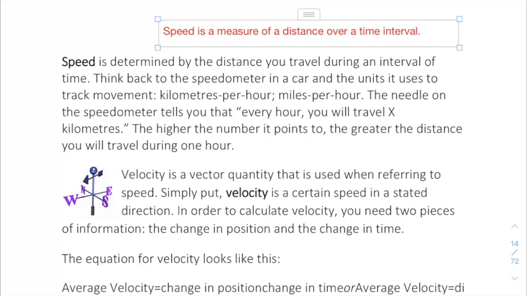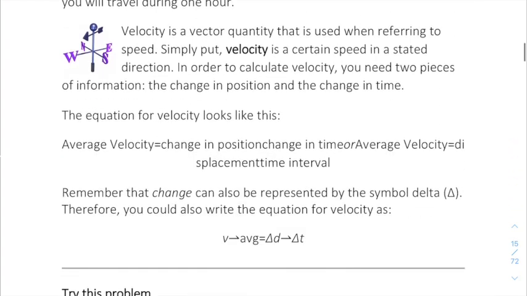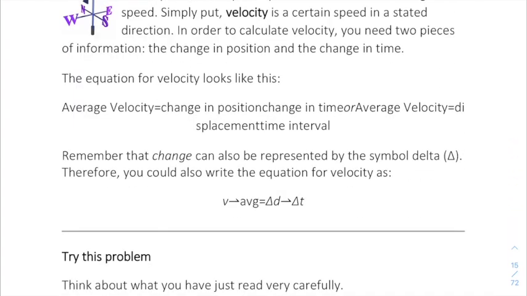So in both cases they use a time interval, but time is a scalar property. When we mix time and distance, we have a scalar with a scalar, and so the final value is speed, which is a scalar. In velocity, we have displacement and time, which is a vector and a scalar, and so that gives us a vector.